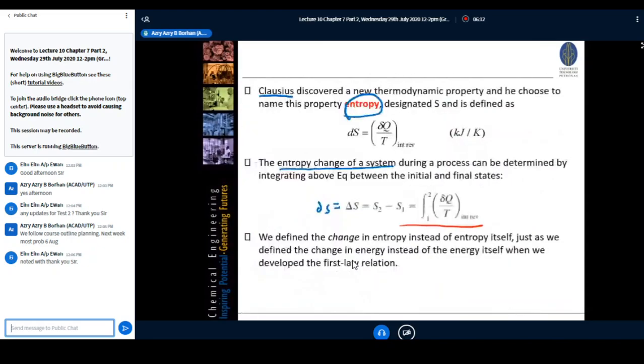Clausius mentioned that since it cannot represent any existing property, it has to come from a new property definition, which is called entropy, S. So entropy is simply defined such that delta Q over T for an internally reversible process must be equivalent to delta S of entropy. This delta S represents the change in entropy of the system between initial and final states, and this is the delta Q over T integration during the entire cycle.